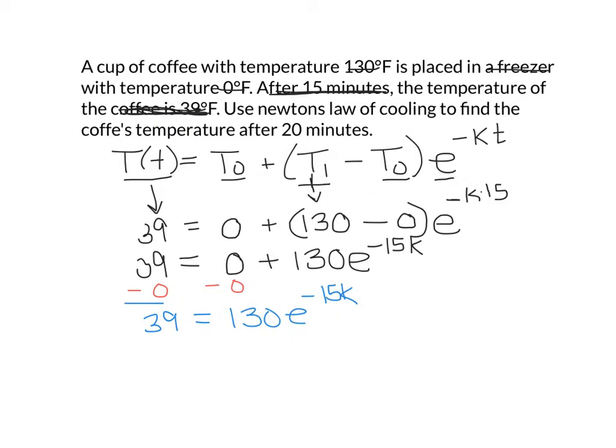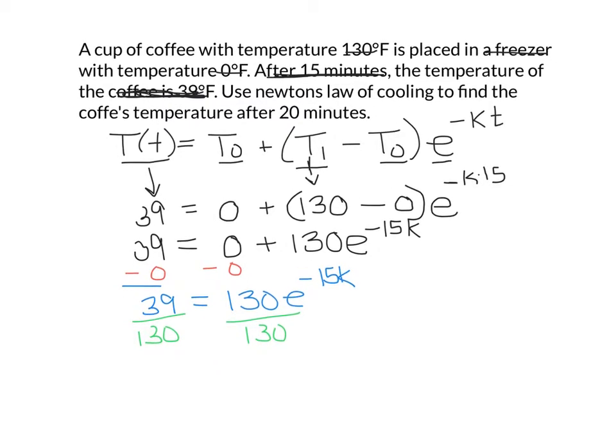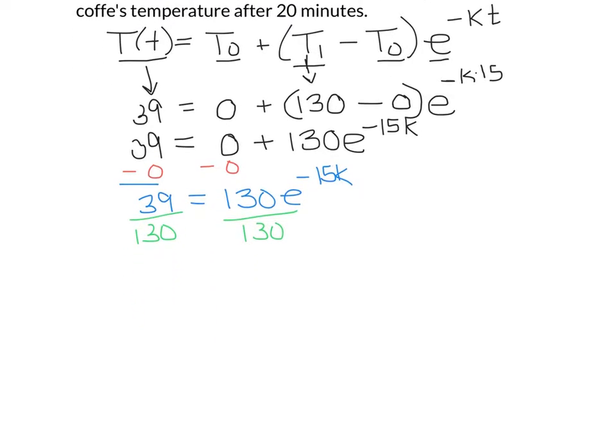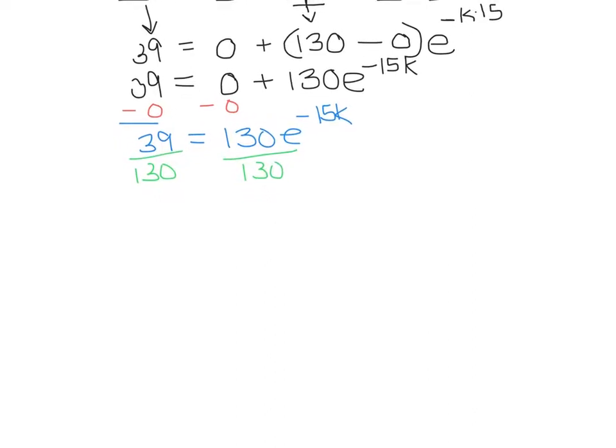The exponential is currently being multiplied by 130, so the opposite of multiplication is division. So we will divide each side of the equation by 130. I'm going to leave it as a fraction, 39 over 130, just so that I don't have to deal with the giant decimal at this point. That will have my exponential isolated.